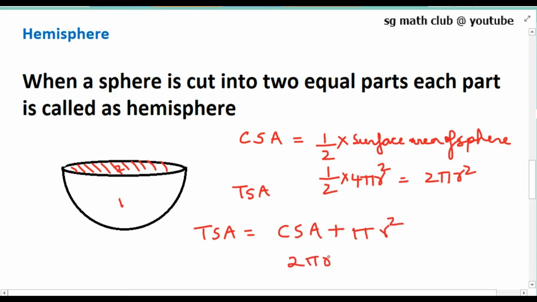So 2 pi r square is the curved surface area of the hemisphere, plus pi r square, so 2 pi r square plus pi r square will give you 3 pi r square. So curved surface area of the hemisphere is 2 pi r square, total surface area of the hemisphere is 3 pi r square, and surface area of the sphere is 4 pi r square.